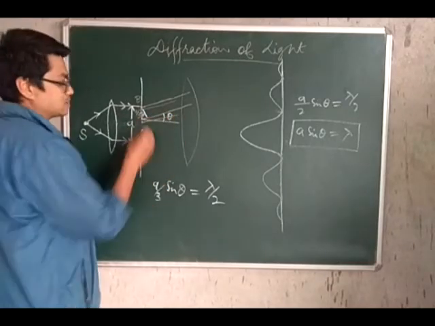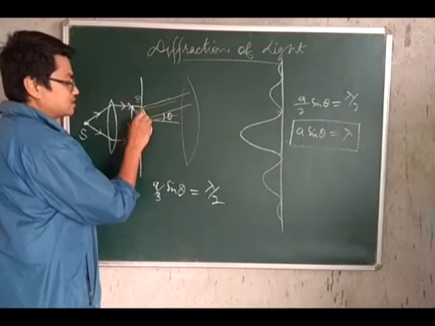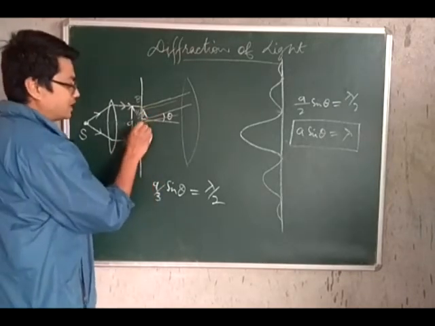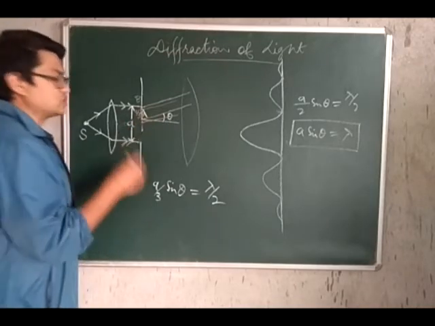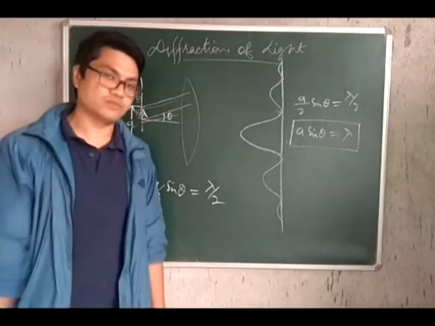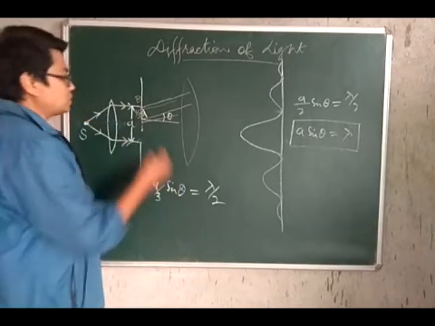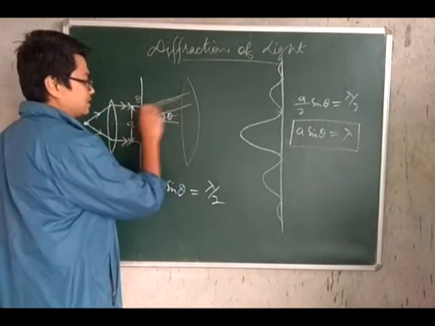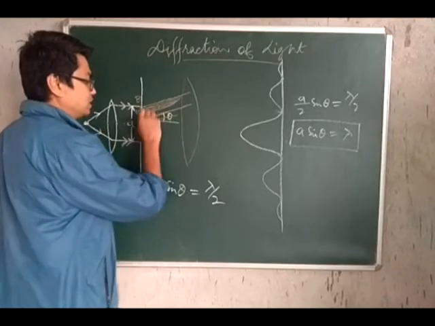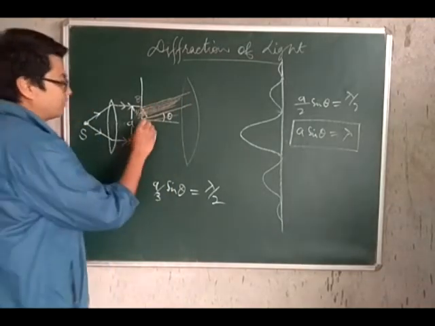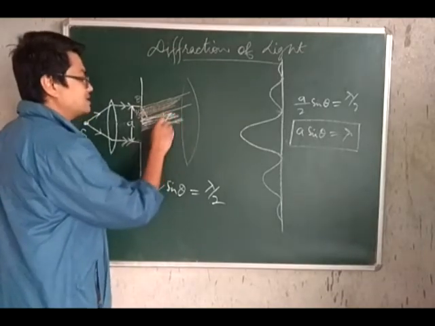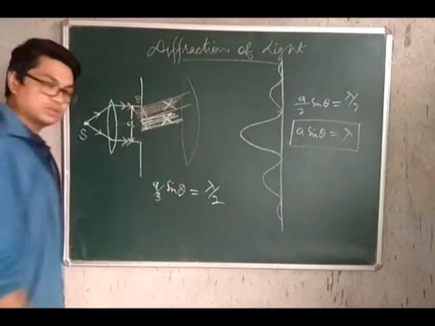In fact, every ray of light starting from the uppermost slit has a corresponding ray of light on the second slit with which it interferes destructively. So to say, the whole beam of light starting from the first slit interferes destructively with the whole beam of light starting from the second slit. So to say, they cancel each other out.